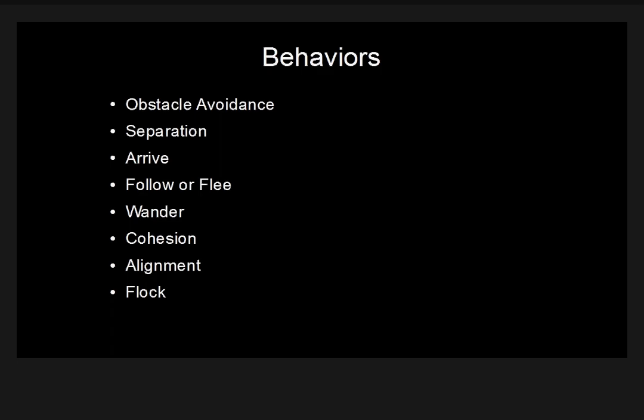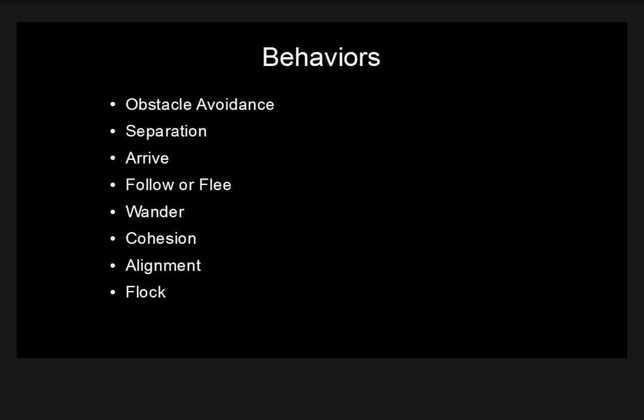It is used to move away from other agents and avoid a collision between them. The arrive behavior is used to arrive at a specific location in space. The follow or flee behavior is used to follow or flee from other agents.